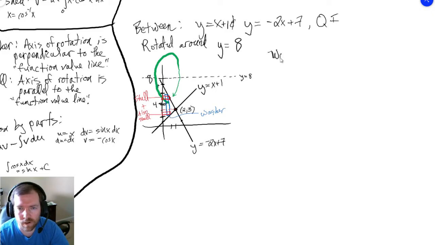So the washer is going to be, so this gets a little interesting due to the fact that we now have something that we are measuring a distance to that is not the x-axis. So when it was the x-axis, it was just f minus g to find the distance between this length here and also the gap length.